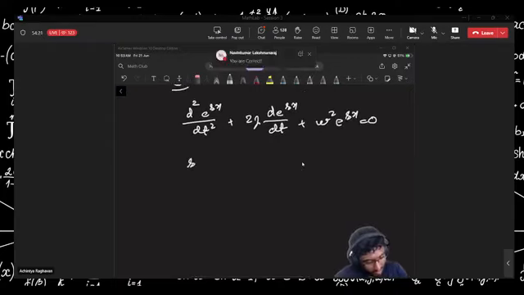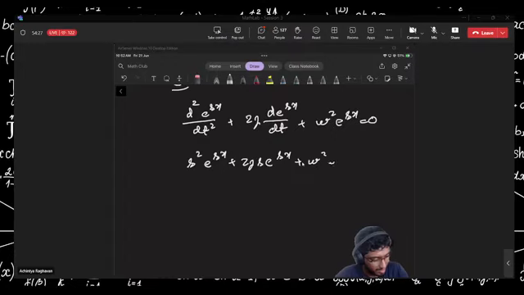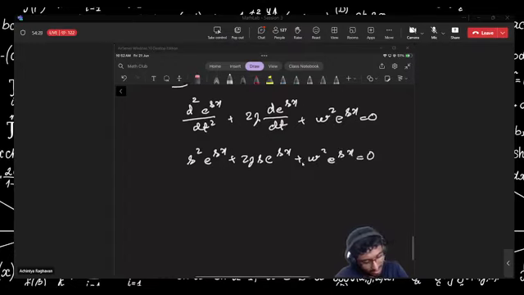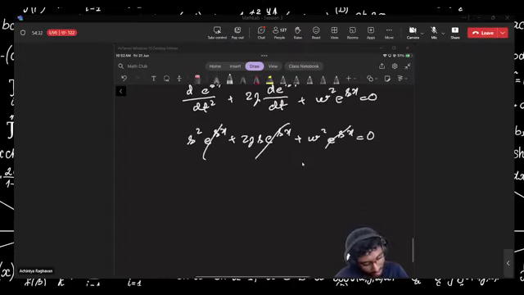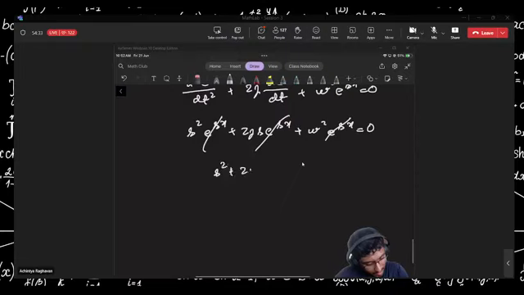So this is just s² e^(st) plus 2 gamma s e^(st) plus omega squared e^(st) equal to 0. We can cancel e^(st), and we get s² plus 2 gamma s plus omega squared equal to 0.